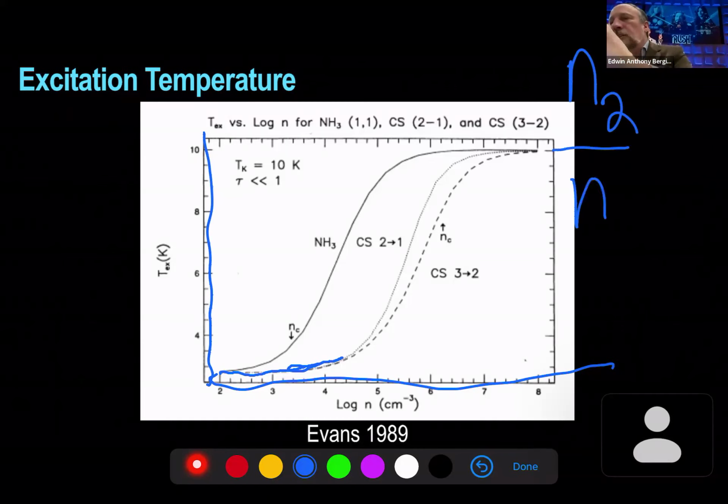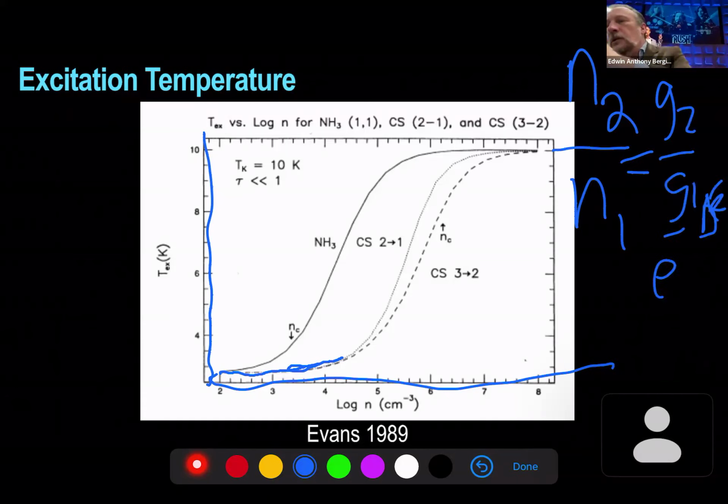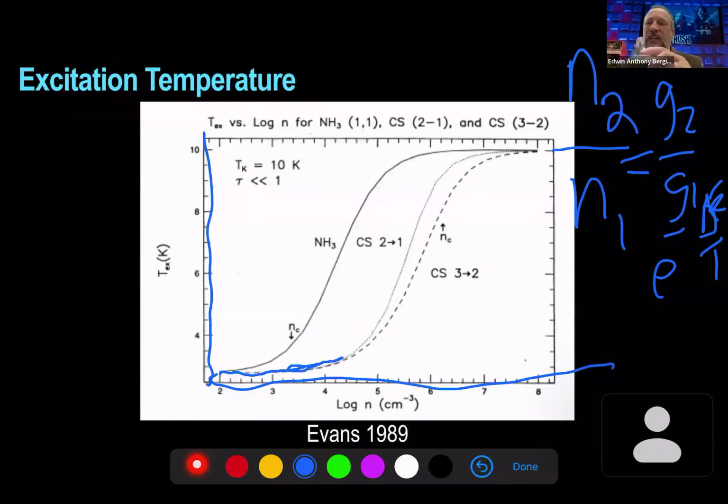N2/N1 equals e to the minus delta E over T. I know I'm losing you, but bear with me here. As you get to higher and higher density, the excitation goes up and up until it saturates, and it saturates at the kinetic temperature of 10 K.